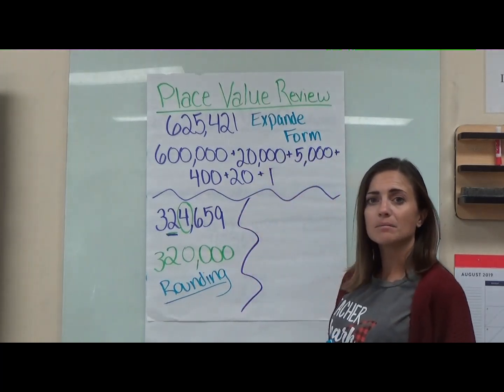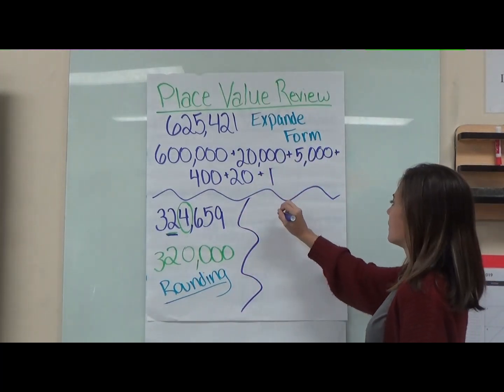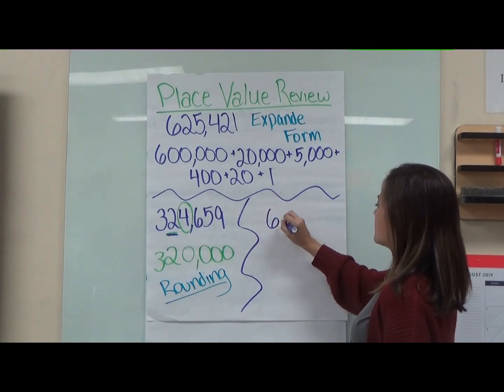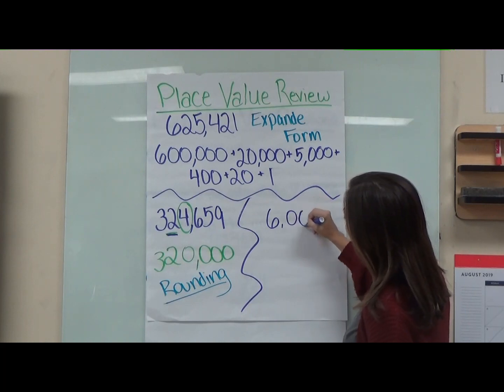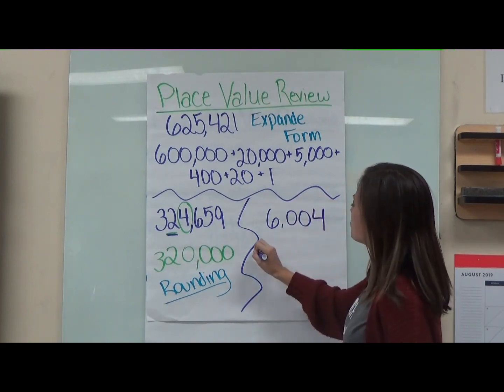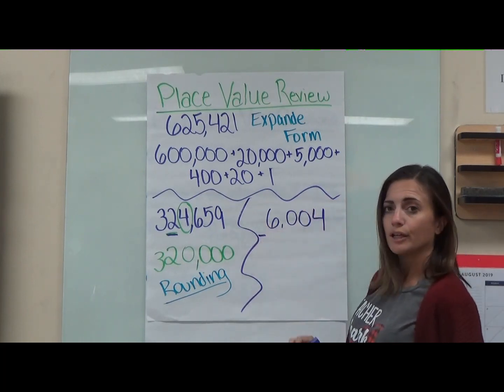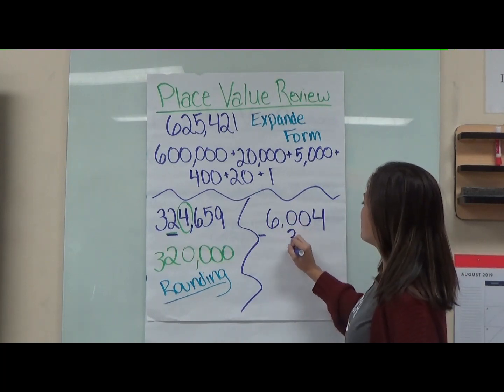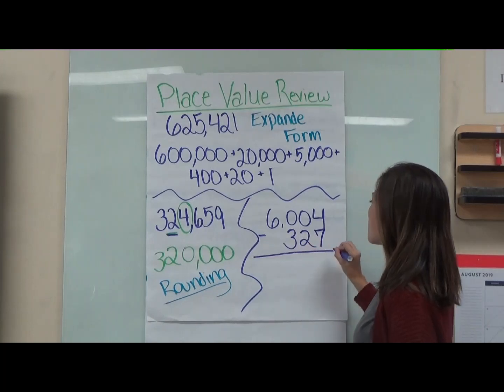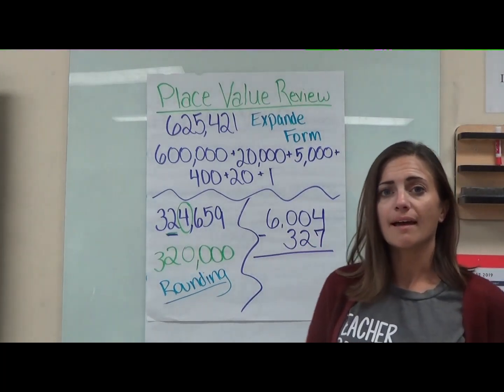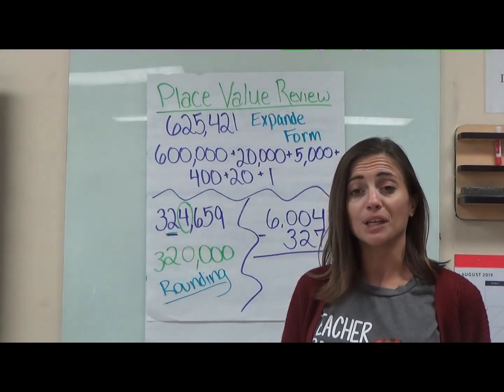Let's say I am trying to subtract 6,004. And I'm trying to take away 327. So when I'm doing this question, I first need to start at my first place value, the 1s.